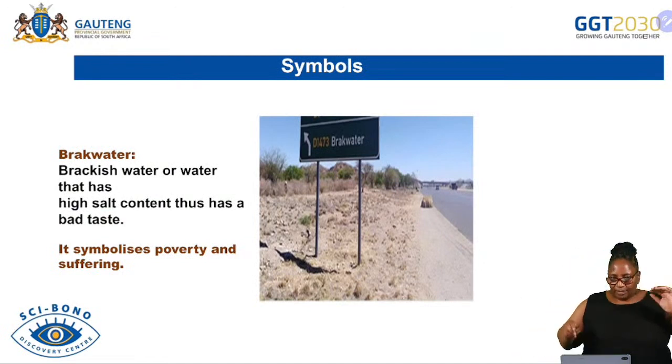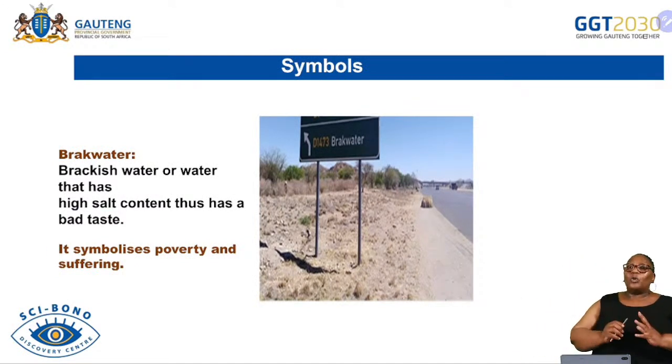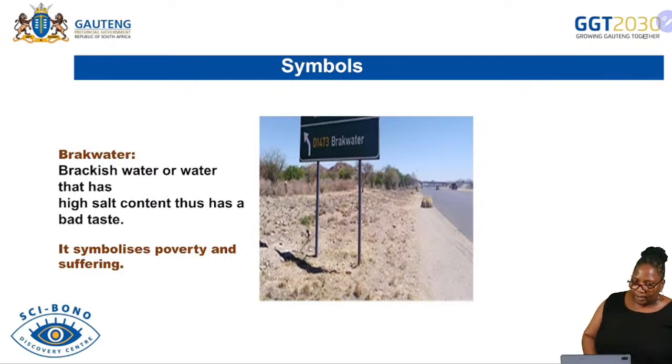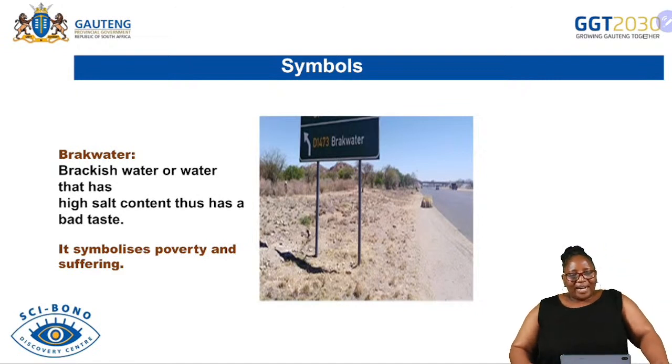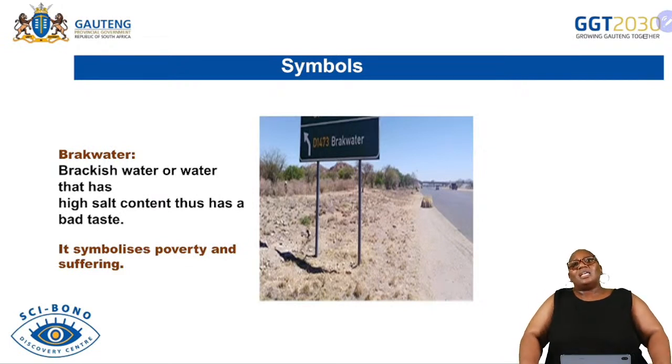In My Children, My Africa, we are going to be looking at the following important symbols. 1. Brak water. Where is Brak water? It is a place where Zolile High is, where Tammy lives.